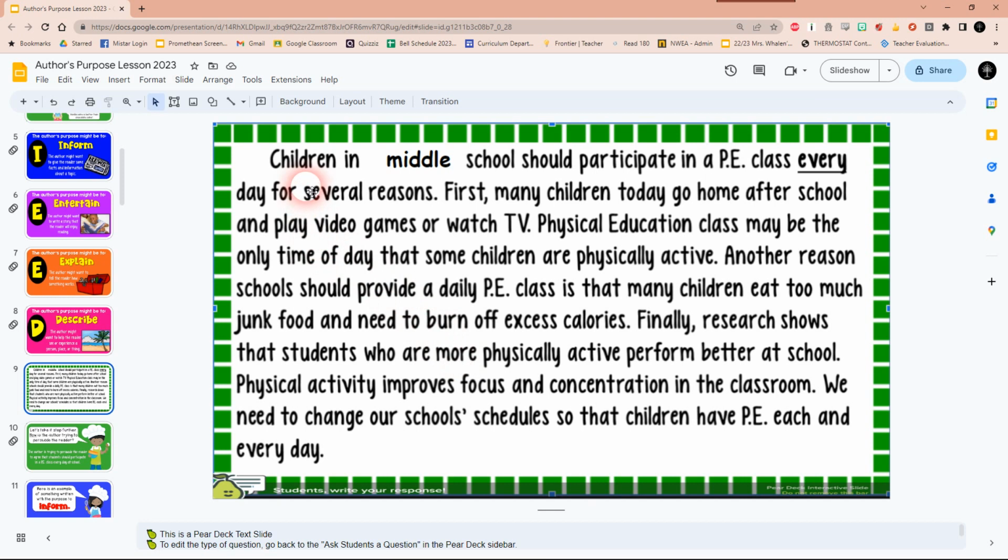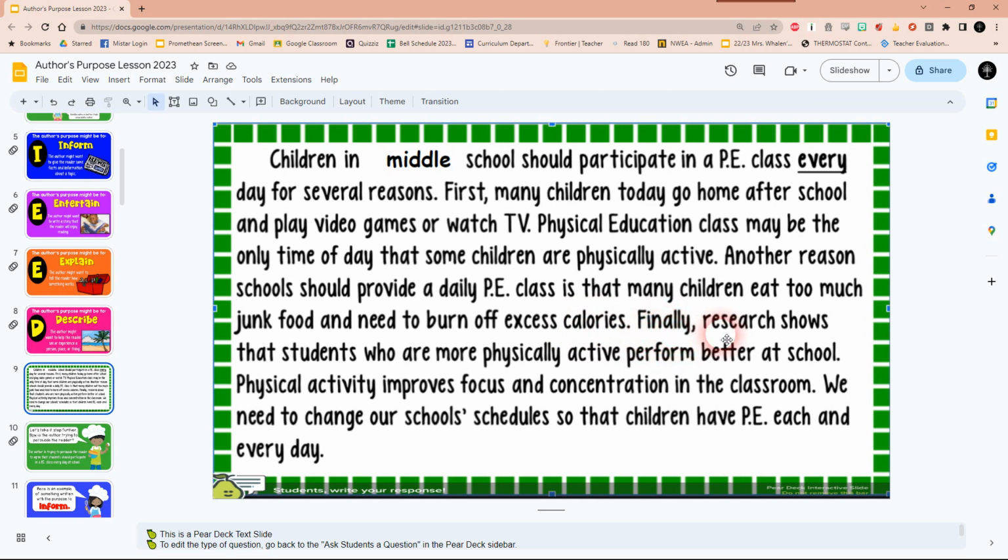Children in middle school should really participate in a PE class every day for several reasons. First, many children today go home after school and play video games or watch TV. Physical education class may be the only time of day that some children are physically active. Another reason schools should provide a daily PE class is that many children eat too much junk food, and need to burn off excess calories.